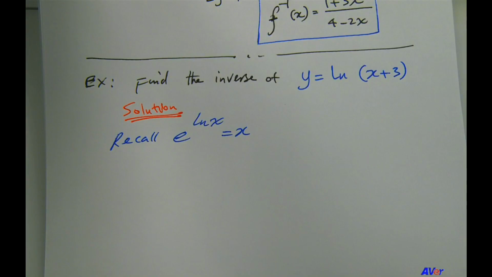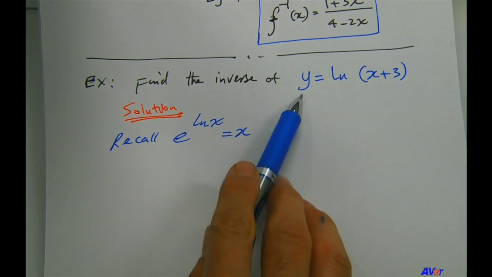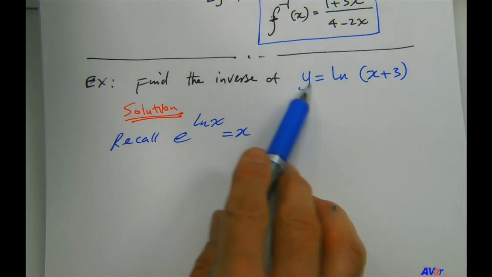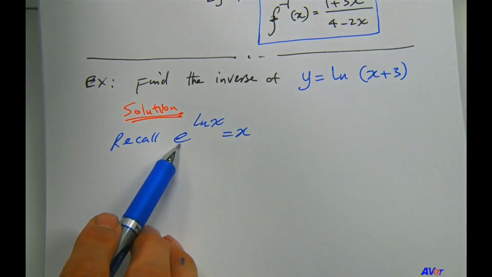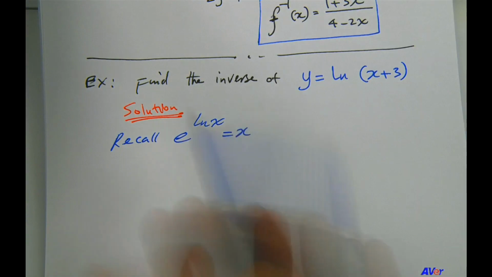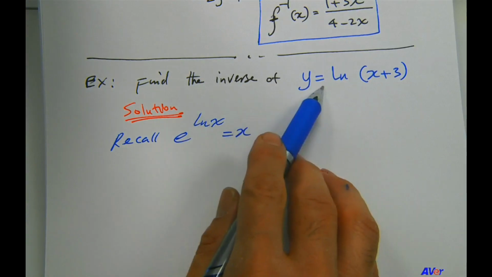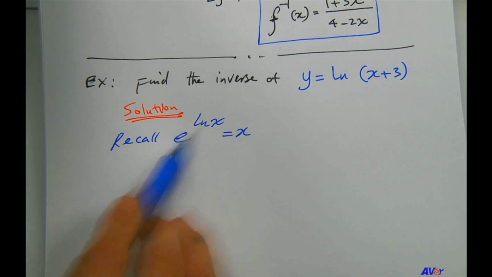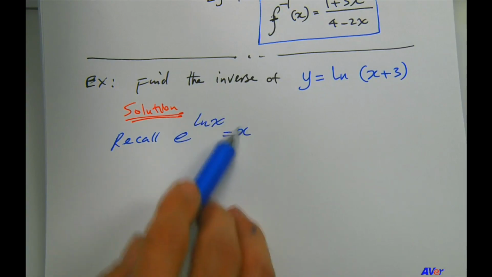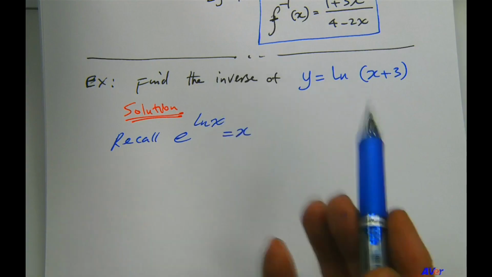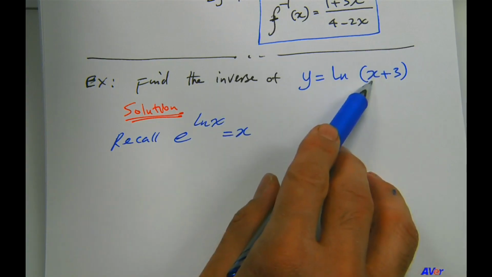Now raise both of these sides to base e. Why are we doing this? Because once you do that, you're going to see this operation gets rid of the natural log. You end up with the argument by itself. And that's what we want, because then we can isolate x.